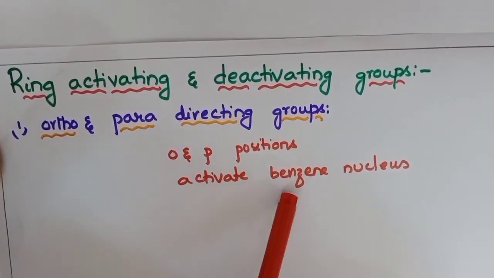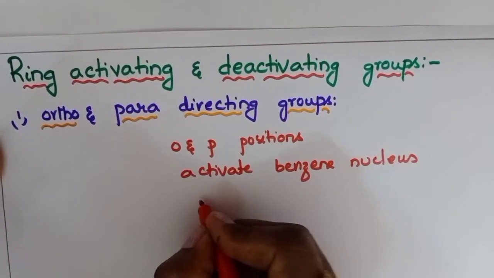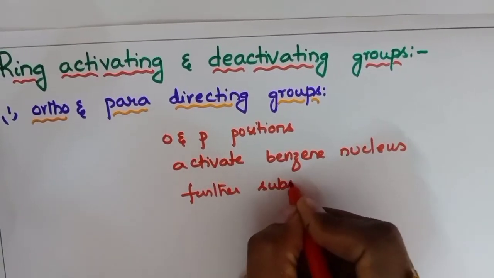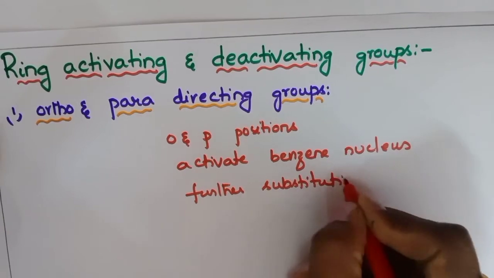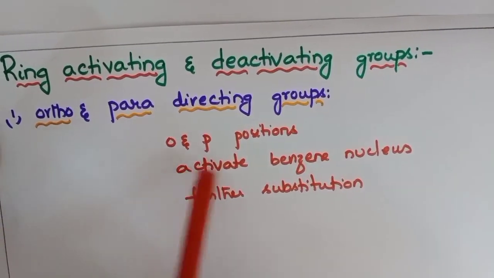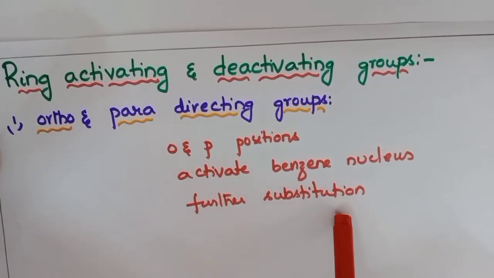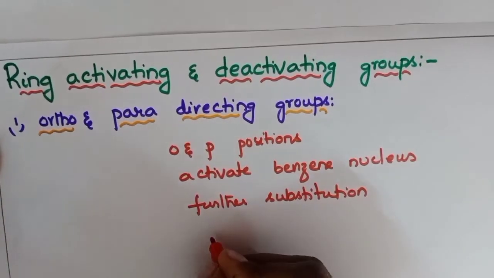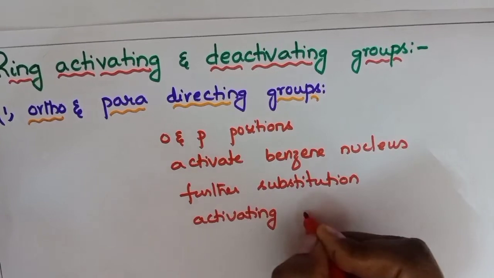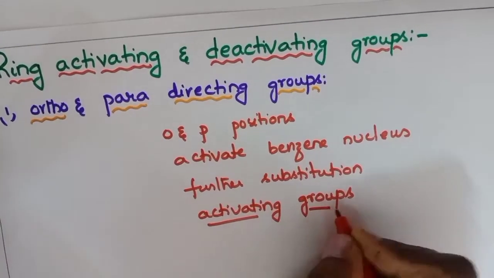And as the benzene nucleus is activated by these directing groups, further substitution will be facilitated. As they are activating the benzene nucleus and facilitating further electrophilic substitution, these groups are called activating groups. Underline that. These groups are also called activating groups.